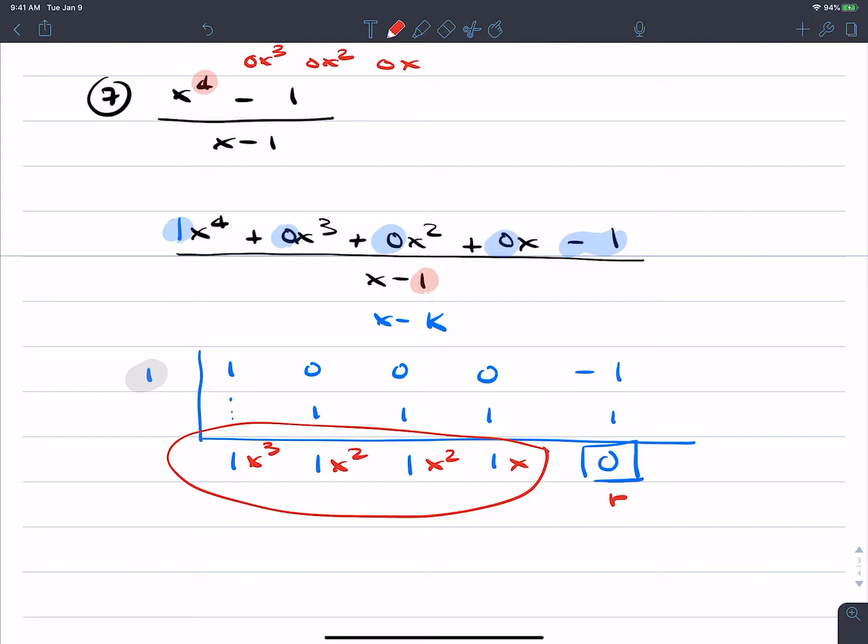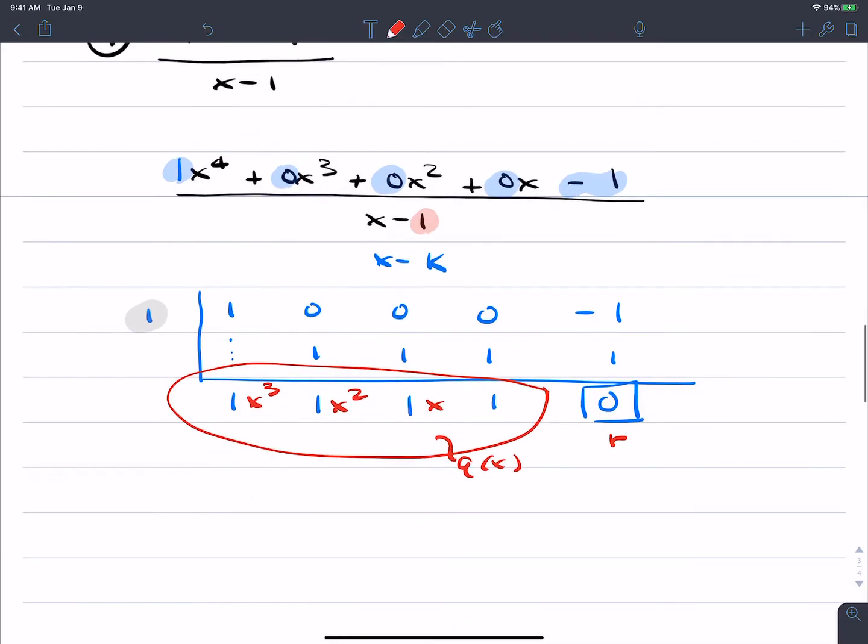We have 1, 0, 0, 0, negative 1. 1, 1, 1, 1, remainder is 0. Just double checking all the work. Here's the error. There it is, descending order. Okay, got it.